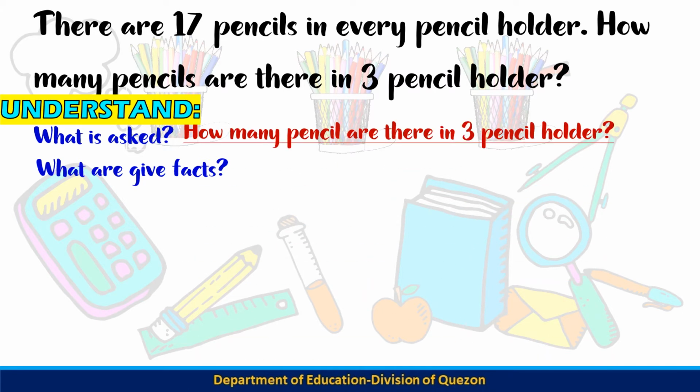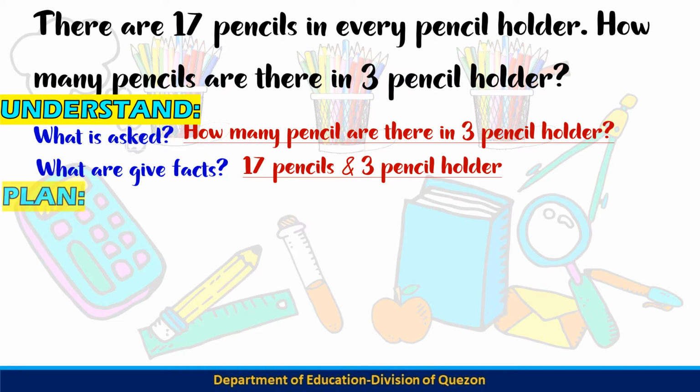How many pencils are there in 3 pencil holders? That is the question. Now, what are given? The given are the 17 pencils and 3 pencil holders. That is the first step.